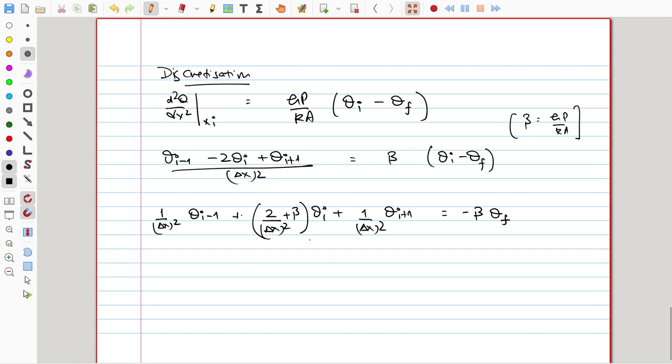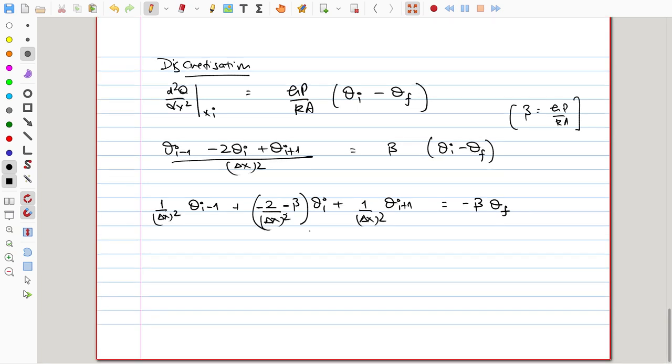Actually, better if I write plus and then I put negative signs inside. So this is the difference equation for the problem.